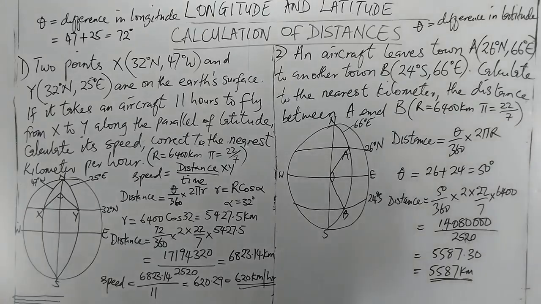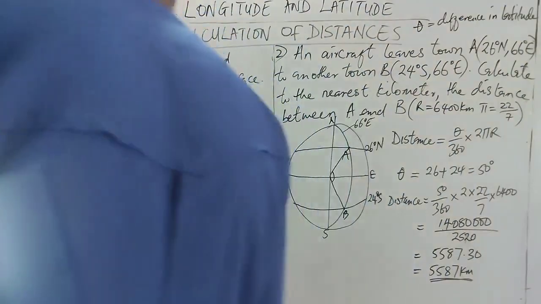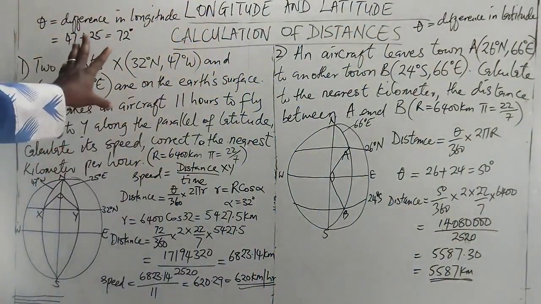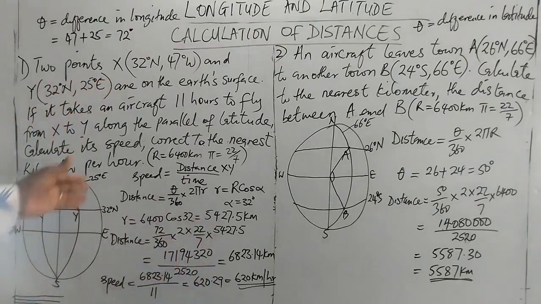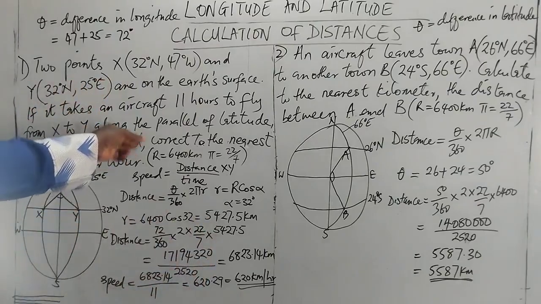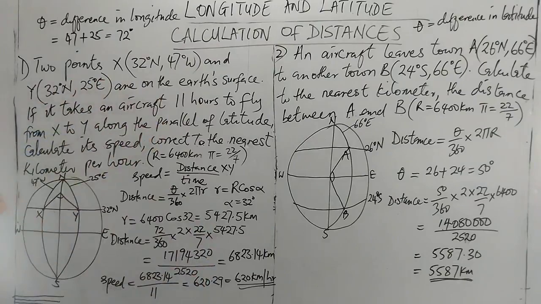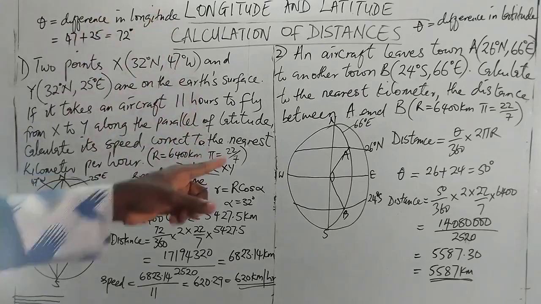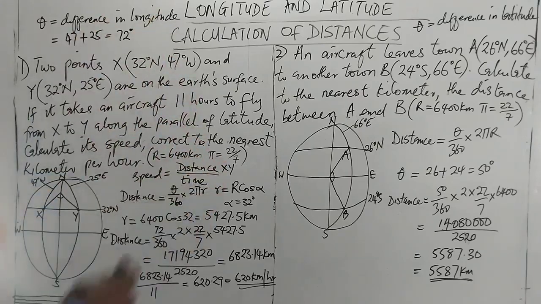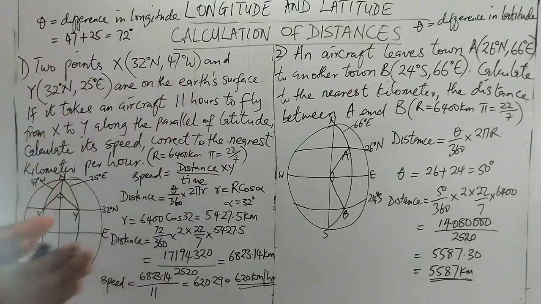In summary, we have two distances that we'll calculate. Either it is along the parallel of latitude or along the line of longitude. And this will be clear to you once you use the diagram to illustrate the question. Everything will be very clear to you.